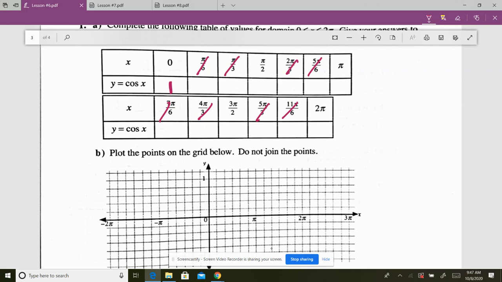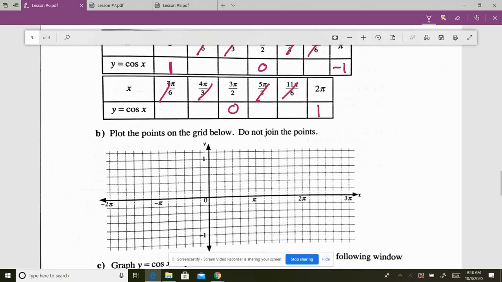Cos of 90, pi over 2. What do you get? 0. Cos of pi. Negative 1. 3 pi over 2, which is 270. And 2 pi should get 1.